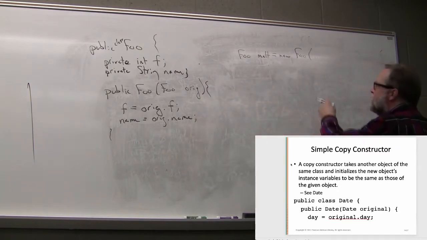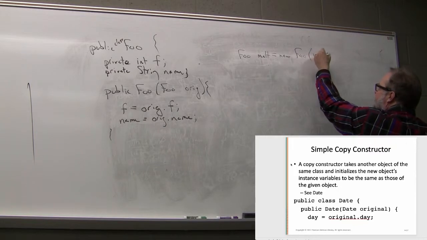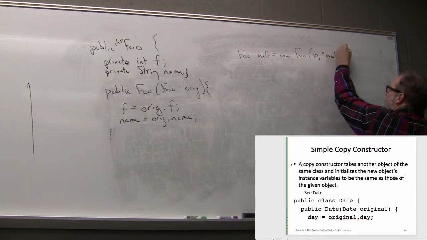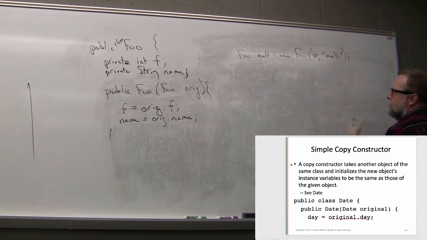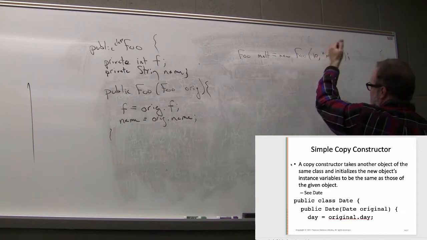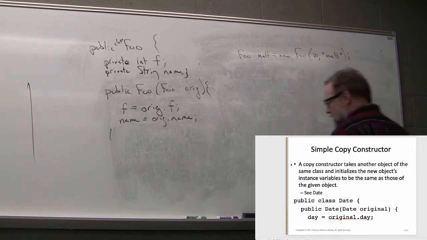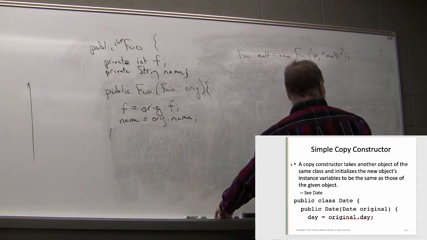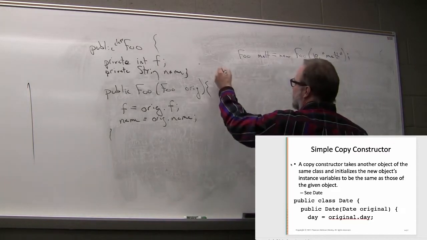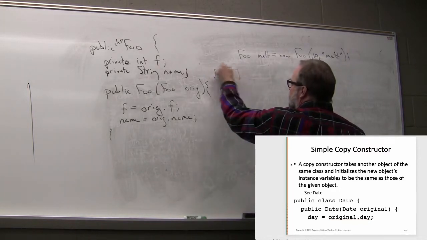In particular, I'll pass in, say, 10 for the value of f, and I'll pass in Matt as the value of the next. I call that, so this invokes the constructor that takes an integer and a string, and again, it's a cookie cutter, so it carves out a chunk of memory. So here's Matt.